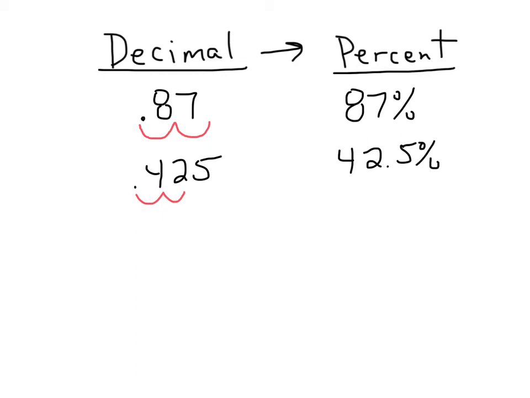Finally, if I have a decimal of 3.38, moving that decimal point 2 spots to the right would be the same thing as 338%. Being able to change numbers from decimal to percent is something that is done quite a bit in mathematics.